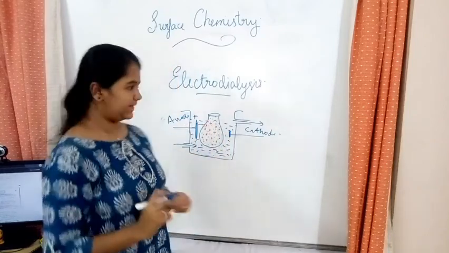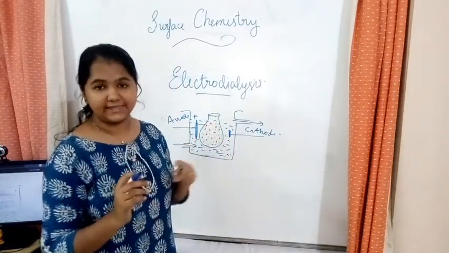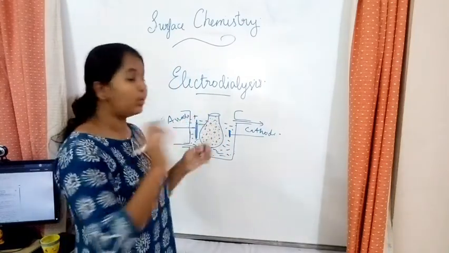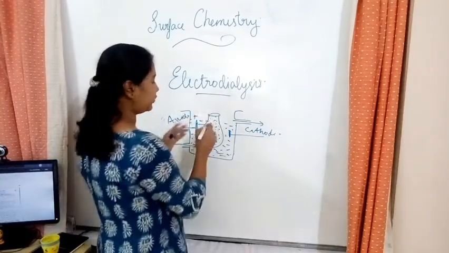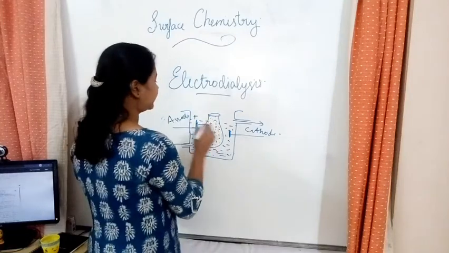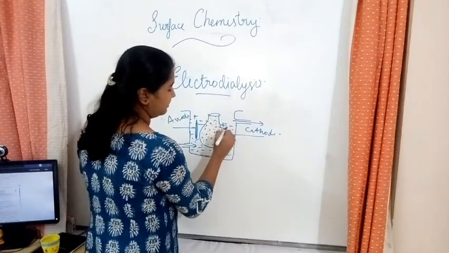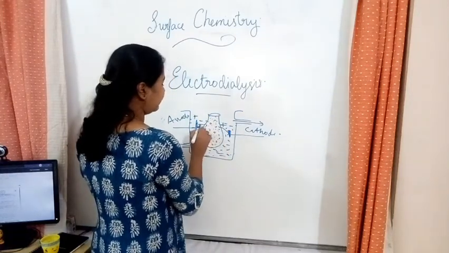What happens here is that electrolytes have both ions, positive and negative. So the positive ions would move to this side and the negative ions will move to this side.